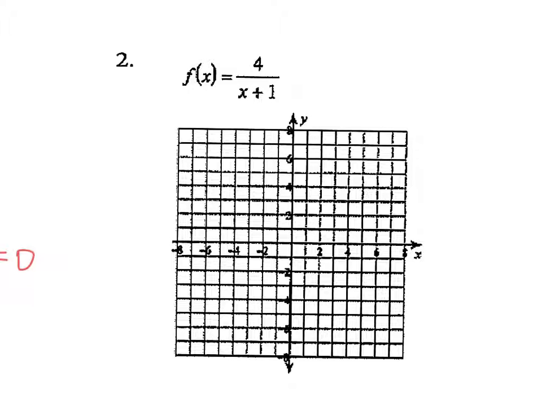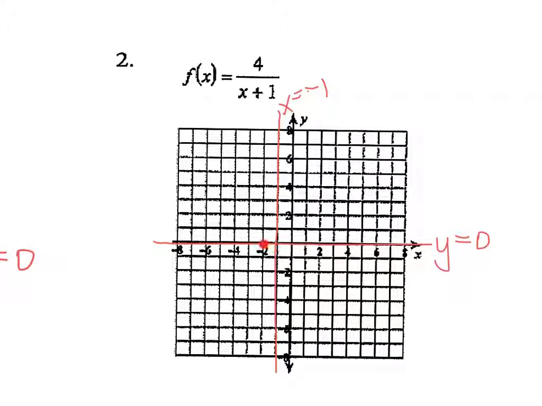Let's put it all together. I have a shift left 1. I have an asymptote here where x is equal to negative 1. I have no shift up and down, so I still have y equals 0 for my other asymptote, my horizontal asymptote. But now I have a stretch by 4. Instead of going right 1, up 1, I need to go right 1, up 4.